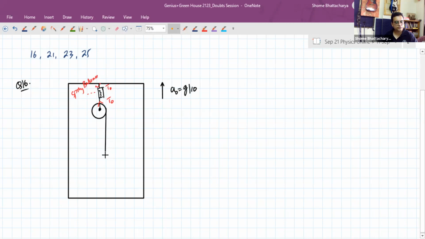So anyhow, now we have this system of two blocks of mass 1.5 kg and 3 kg.